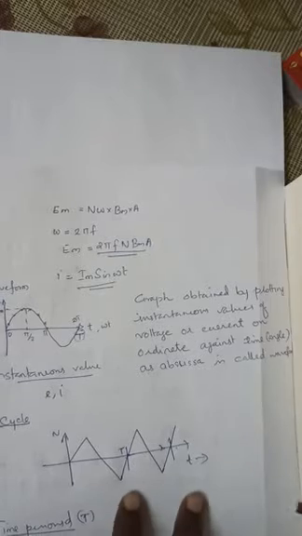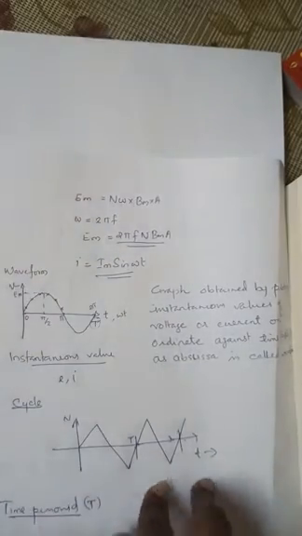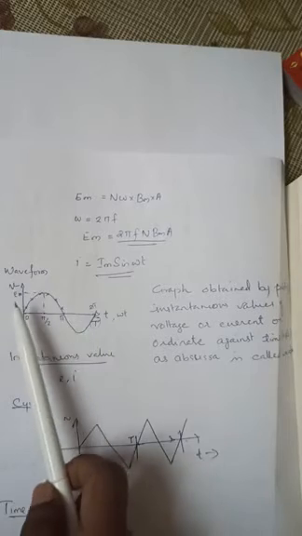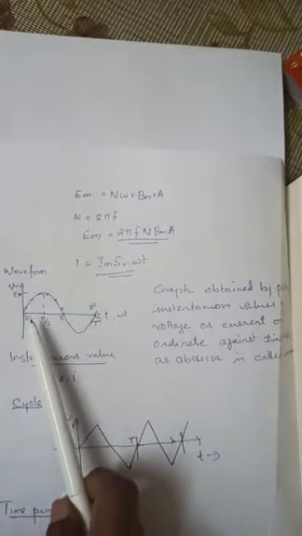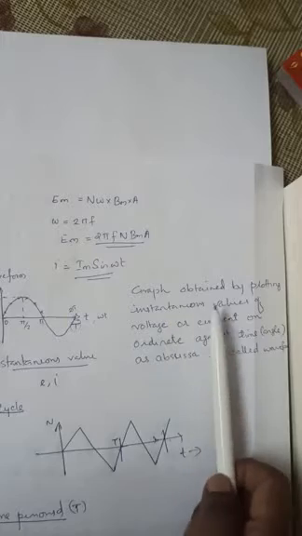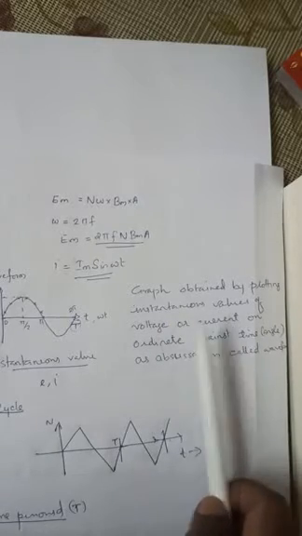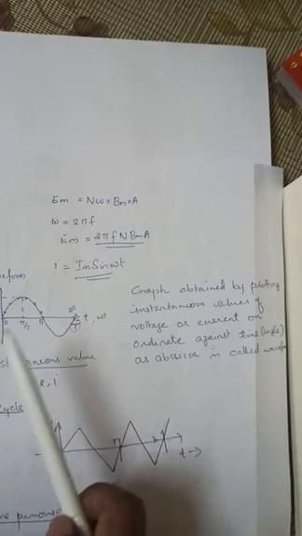Coming to different terms associated with AC. First, we will discuss what a waveform is. Here I have drawn a waveform of voltage. A waveform is a graph obtained by plotting instantaneous values of voltage or current on the ordinate against time on the abscissa.